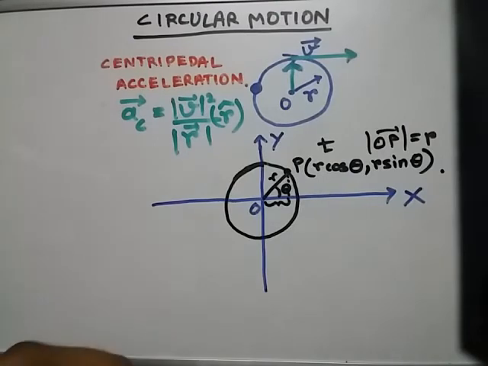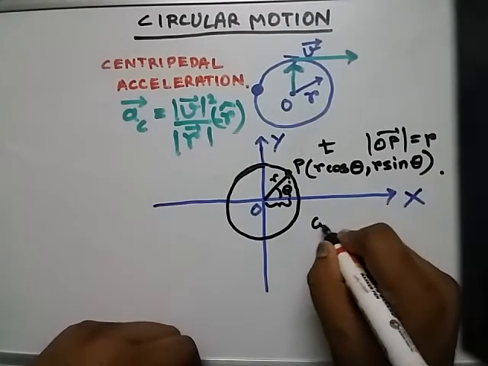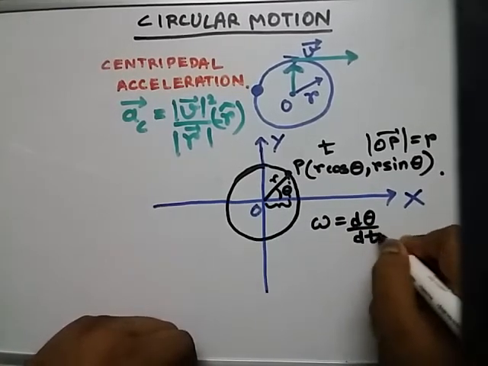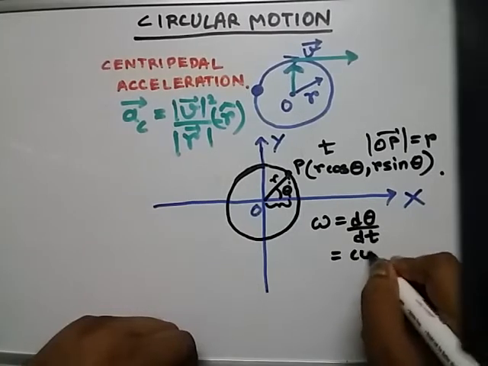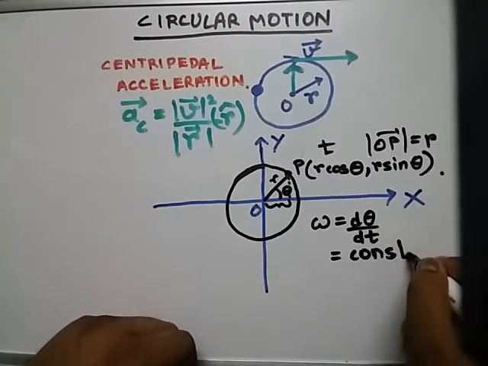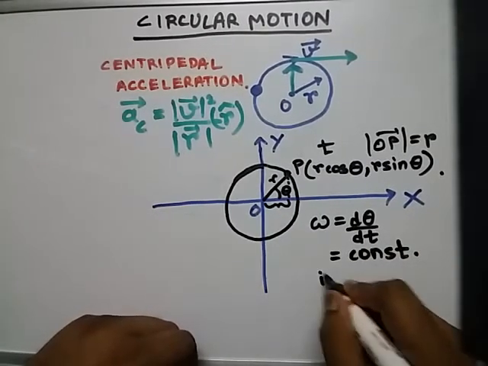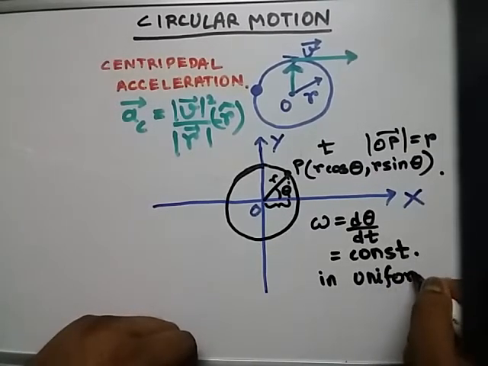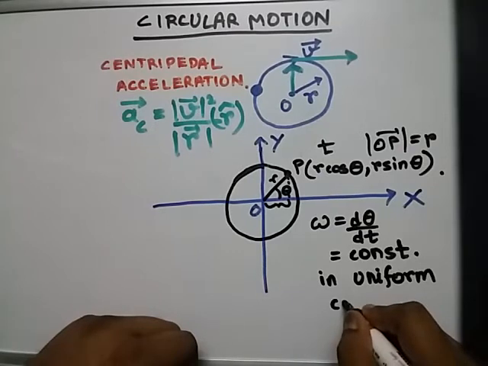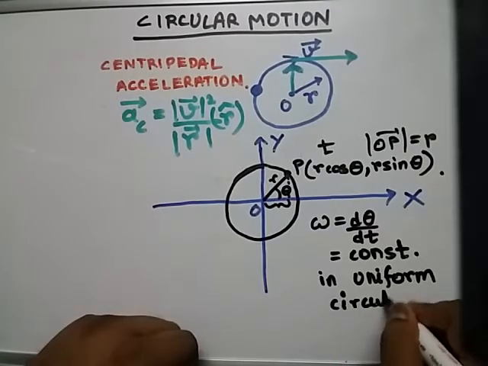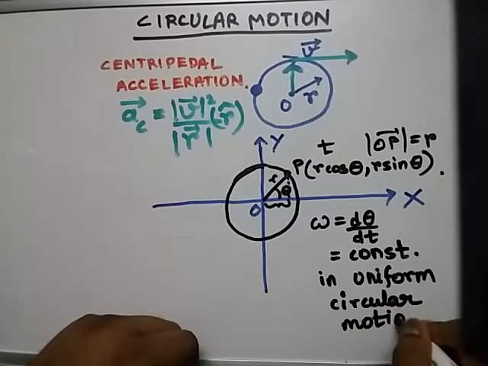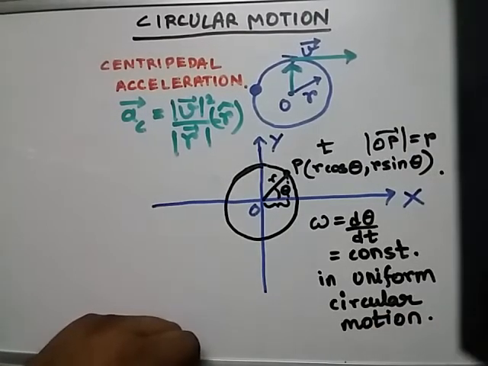Now the angular velocity is defined as omega equal to d theta by dt, and that is constant in uniform circular motion.